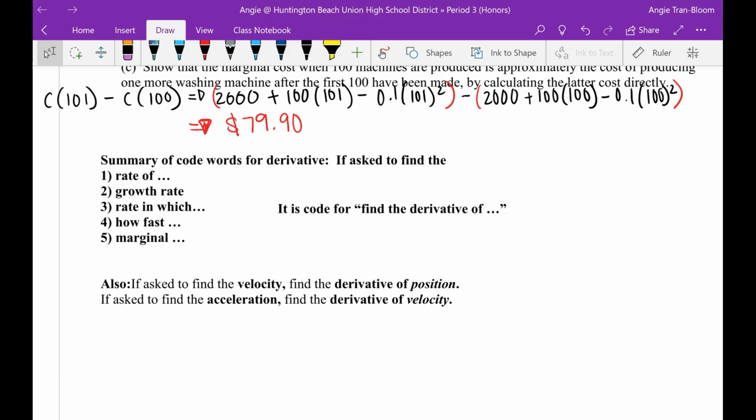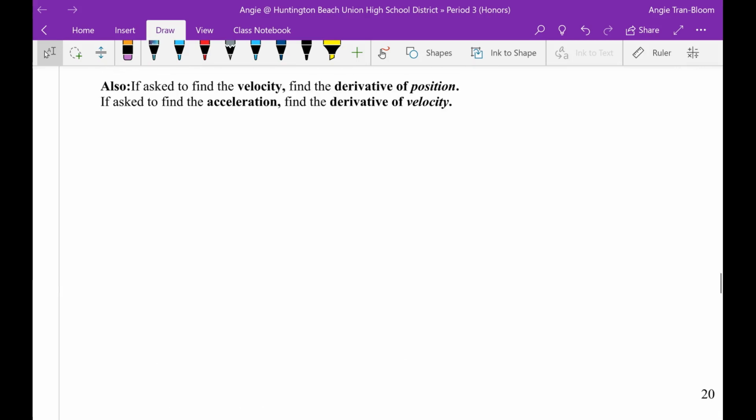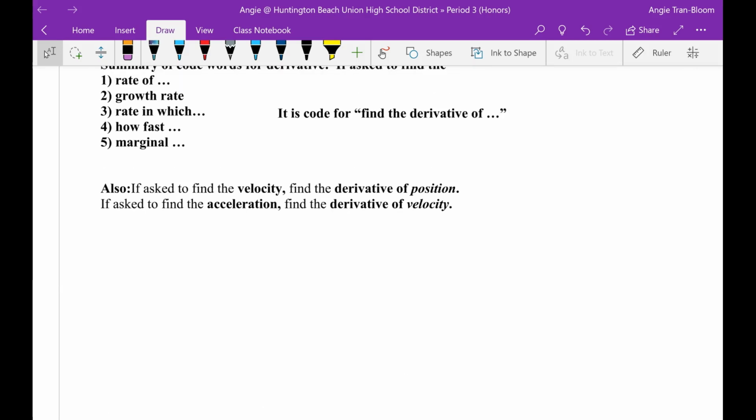Also, if I ask you to find the velocity, that is the derivative of the position. If I ask you to find the acceleration, that is the derivative of velocity, which is the second derivative of position. So that is the end of 3.4.